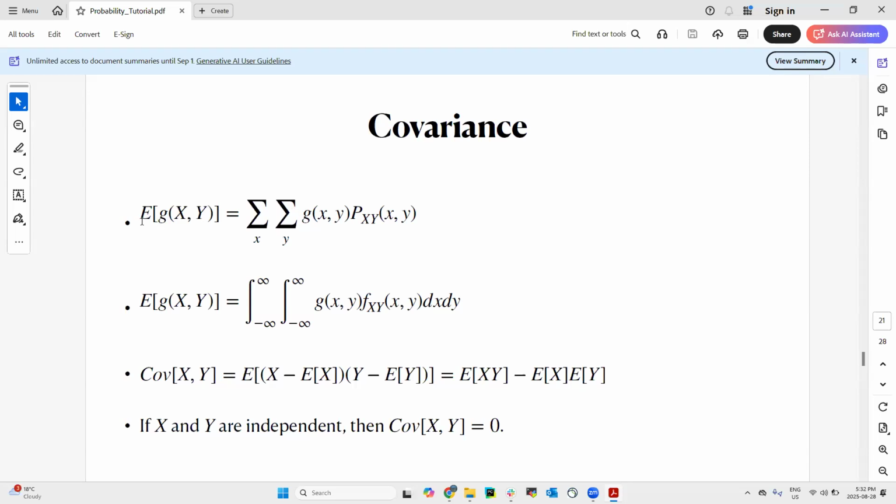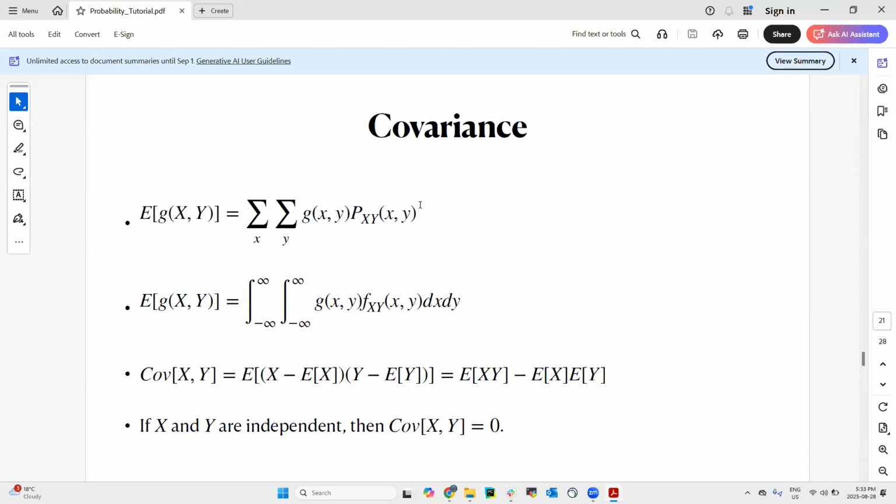You can think about G as being a function of X and Y, or if it's hard to see it like that, you can just remove all the G's and see the covariance of X and Y. It's essentially a function of the X and Y values multiplied by their joint probability.